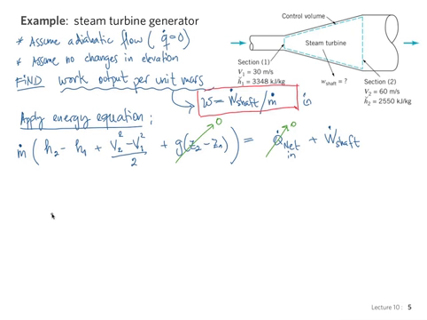Let's operate with this equation, and you see that you can divide over by m dot, and enthalpy is given, velocity is given, and so we can basically calculate everything here.